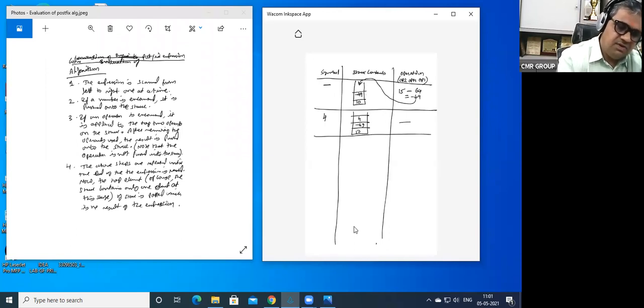Then comes division, so the division is going to be performed. Operand 2 is 4, operand 1 is minus 49. So minus 49 divided by 4 is minus 12. Minus 12 is pushed inside, so the stack has 10 and minus 12.